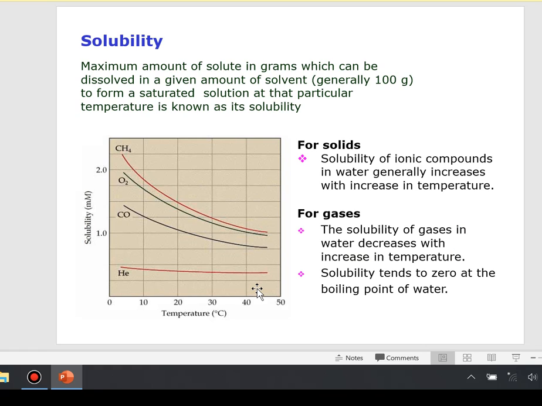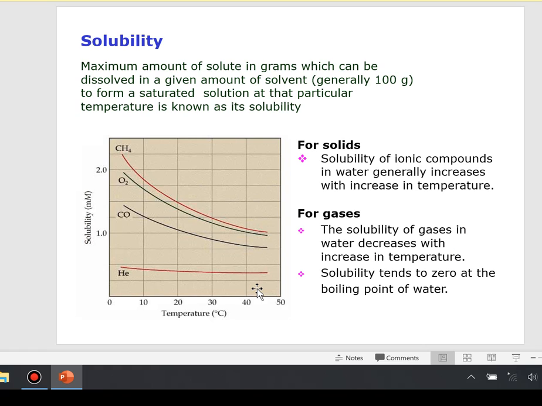Solubility. Solubility means the amount of solute which can be dissolved in 100 gram of the solvent. This maximum amount of solute which can be dissolved in 100 gram of the solvent to form a saturated solution is called the solubility.